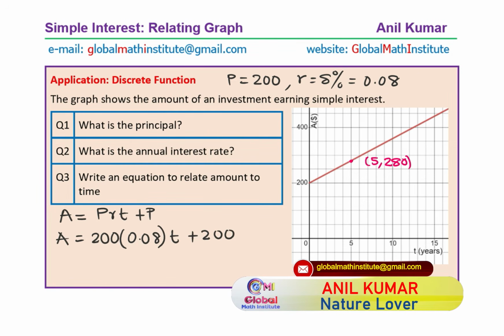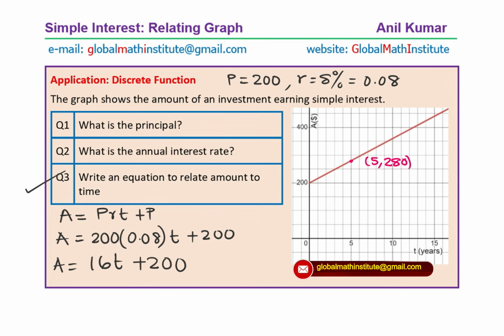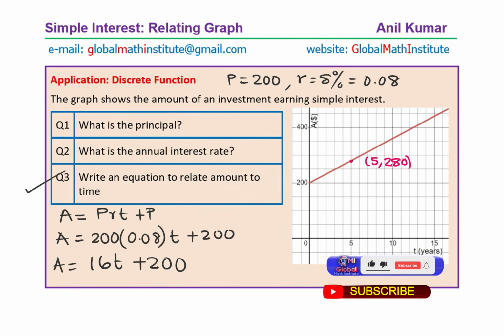We knew the gradient is 16, so 16T plus 200. That becomes the equation in this particular situation. So we are done with part 3 by writing down the equation from the graph.